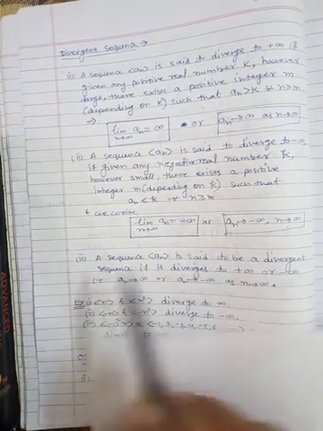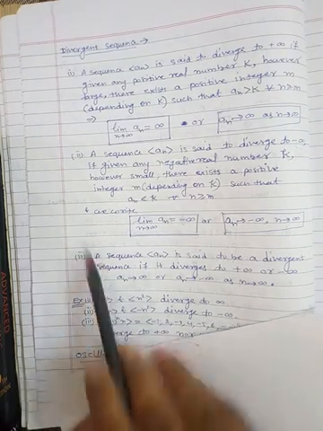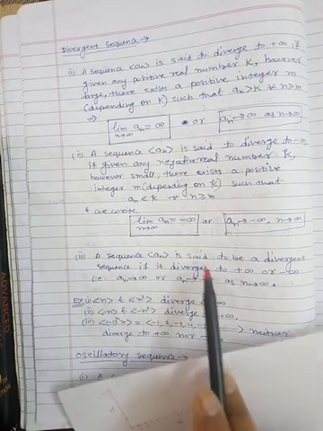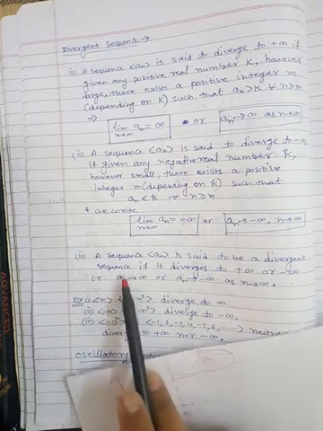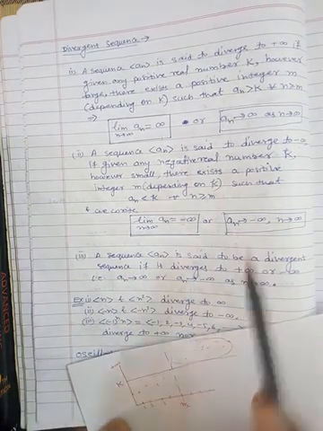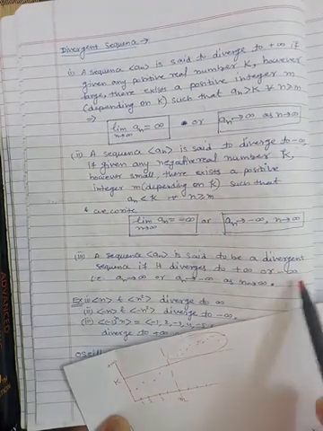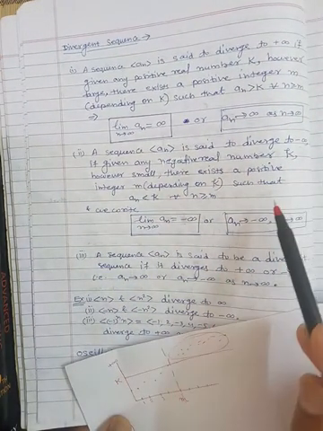Now the third definition in this category: a sequence an is said to be a divergent sequence if it diverges to plus infinity, that means the first definition holds, or to minus infinity, that means the second definition holds.